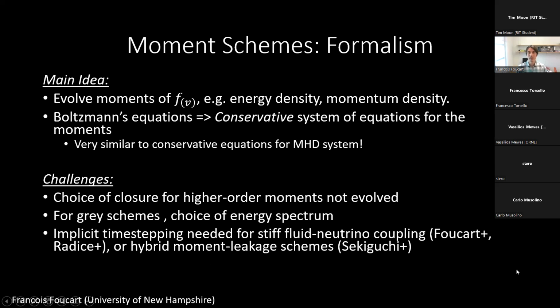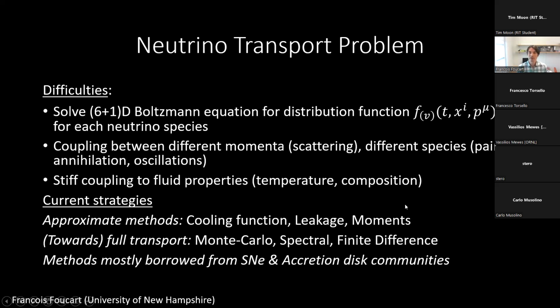One step further than leakage is to go to the moment scheme, which I'll discuss in a minute, but which actually evolves things like the energy density and momentum density of the neutrinos. But we'll see that even that is evolving an approximation to Boltzmann's equation of radiation transport. And so in recent years, there has been a bit of a push towards actually evolving Boltzmann's equation of radiation transport, with the methods that have been successful so far being mostly Monte Carlo algorithms, which have been used by the Los Alamos group for post-merger simulations and by our own collaboration for binary neutron star mergers.